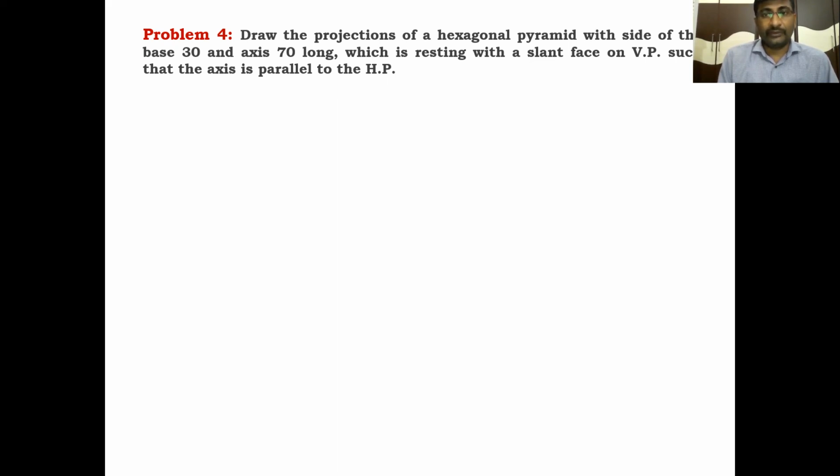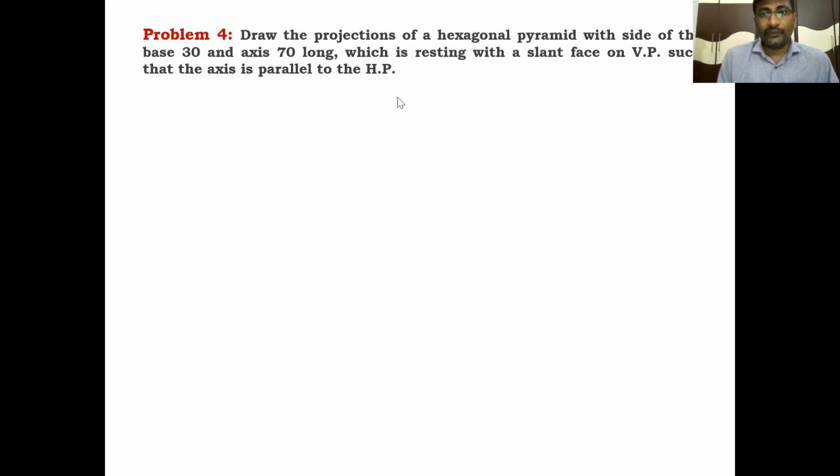Clear? So first of all, you have to analyze this problem. What is meant by a slant face? Slant faces are 6 for the hexagonal pyramid. Out of the 6 slant faces, 1 slant face is on VP. Whenever we place the slant face on VP, its axis makes an angle with VP itself.